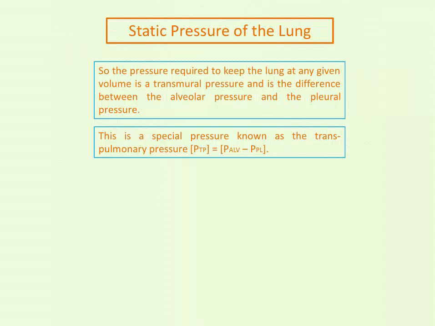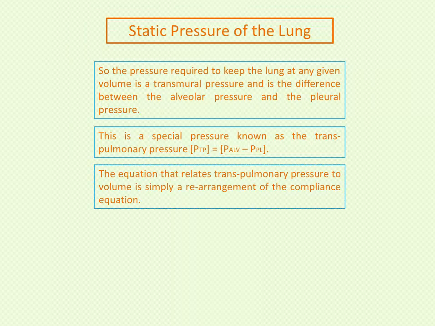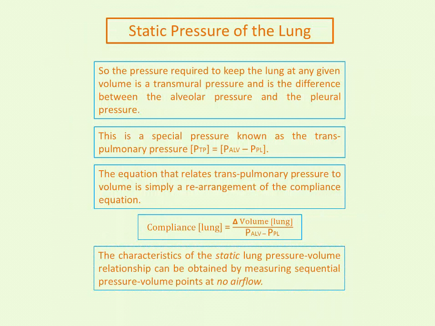In these ARDS patients, this is the pressure that predicts whether or not there's going to be alveolar and airway fracture, which puts you at risk for pneumomediastinum and pneumothorax. The equation that relates the transpulmonary pressure to volume is, as I mentioned, the rearrangement of the compliance equation, and this is a static lung pressure volume relationship.